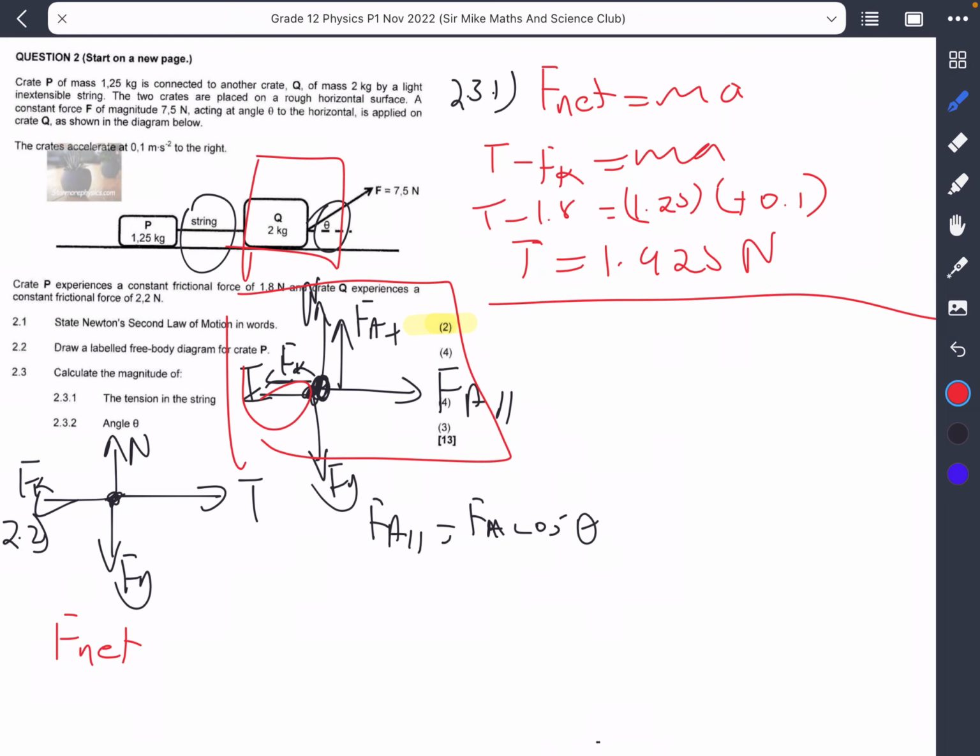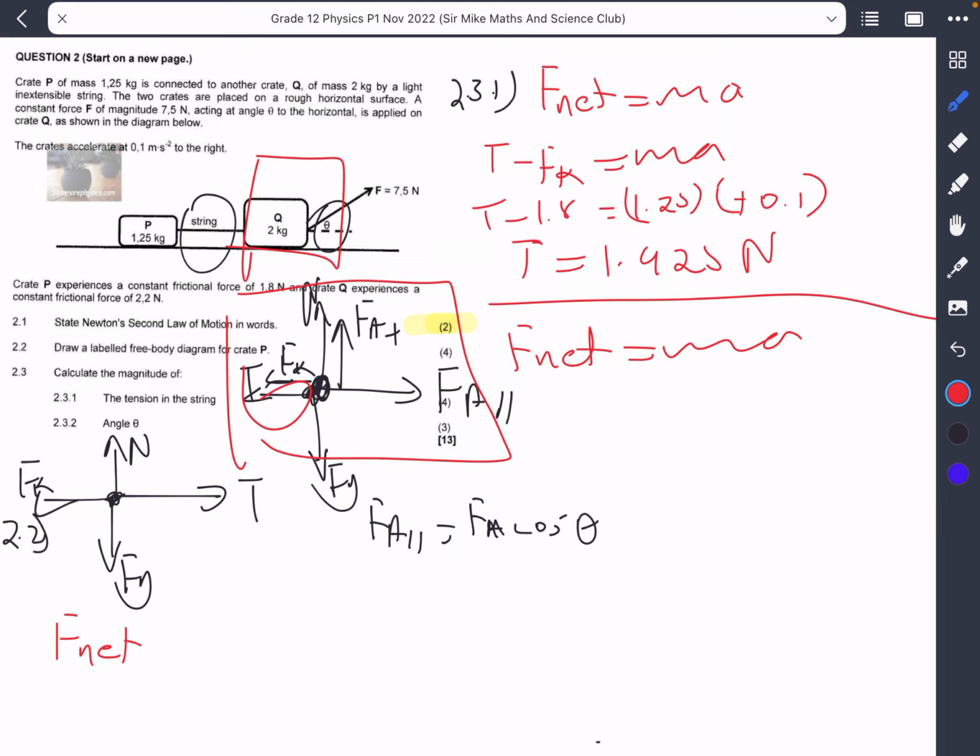So if I were to say that F net is equals to MA, all right, how many forces are acting on the horizontal plane on that crate Q? So what do I have? I actually have friction, I have tension, and also I have force applied that is parallel to our surface.